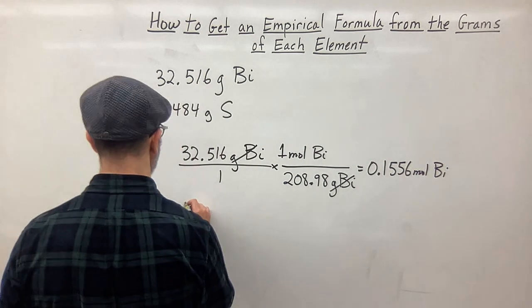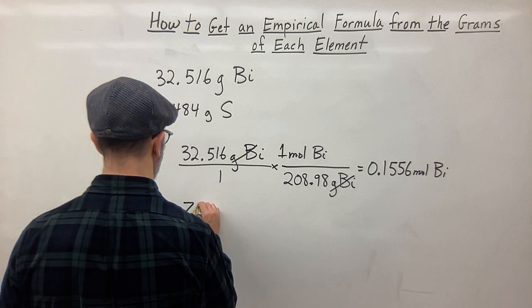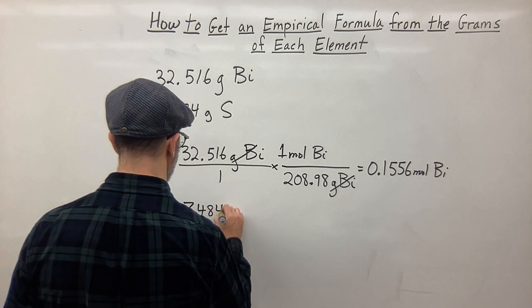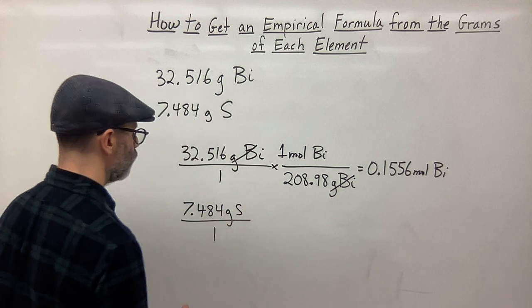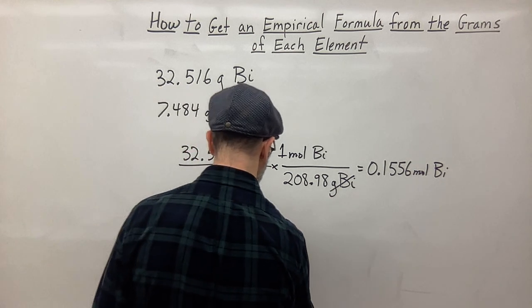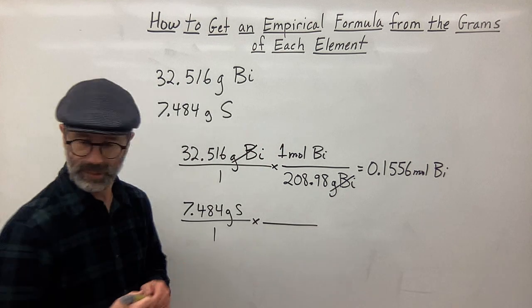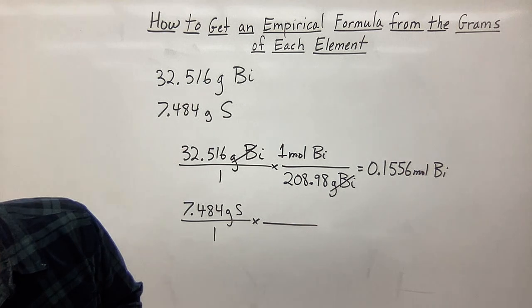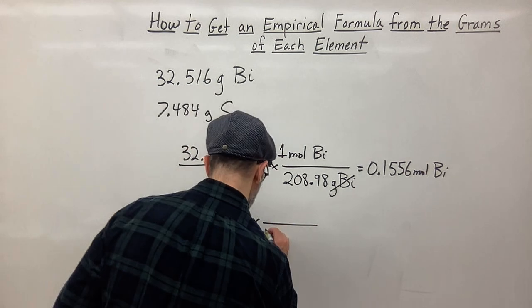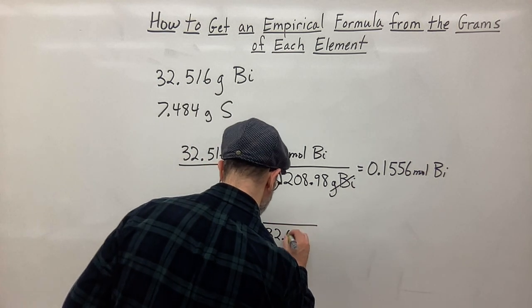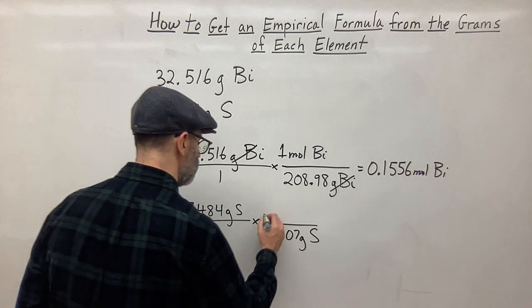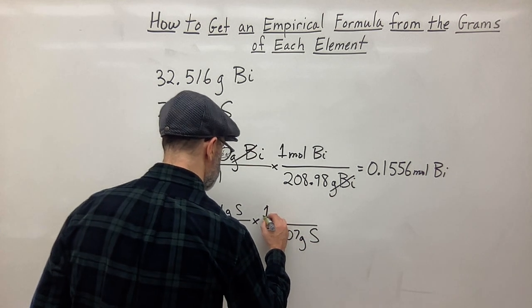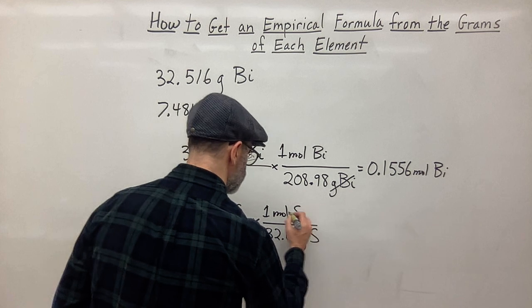Okay, so now I can do sulfur. I'm going to take the 7.484 grams of sulfur and put that over 1. I'm going to multiply that by its molar mass, and sulfur is 32.07. So I put 32.07 grams of sulfur on the bottom, and 1 mole of sulfur on top.